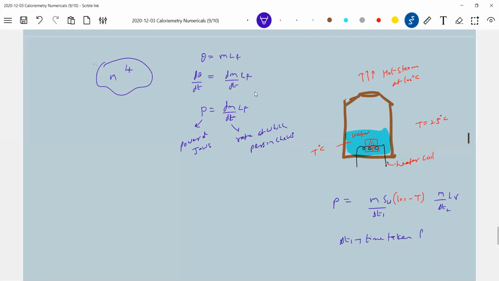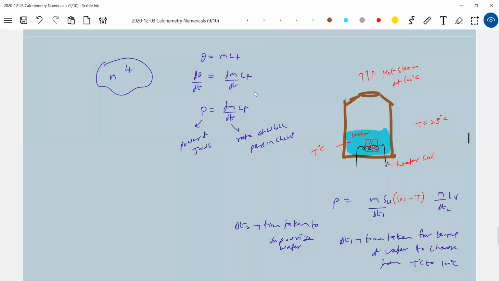Time taken for the temperature of water to change from T degrees Celsius to 100 degrees Celsius. What is delta T2? Time taken to vaporize the water.